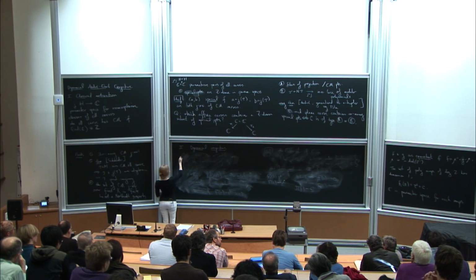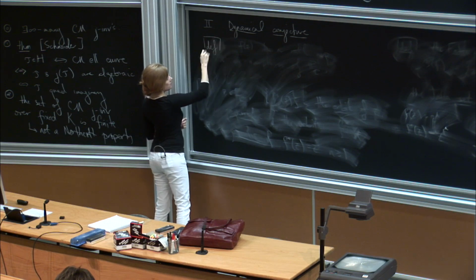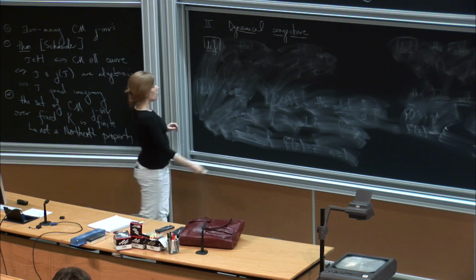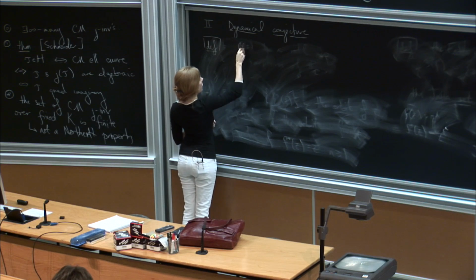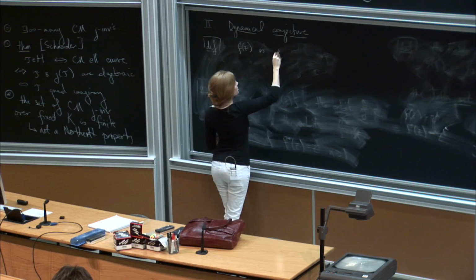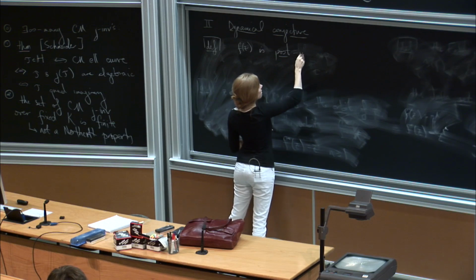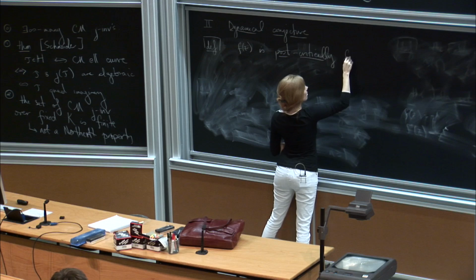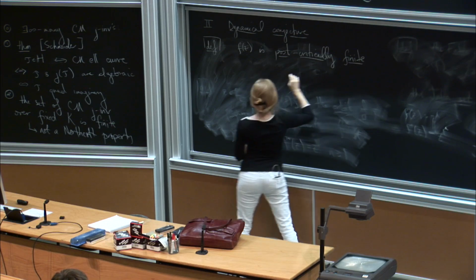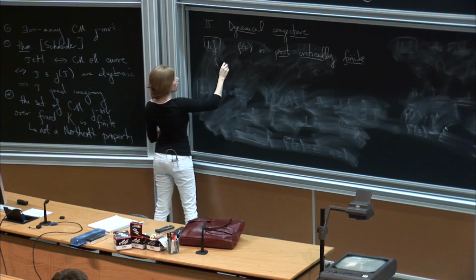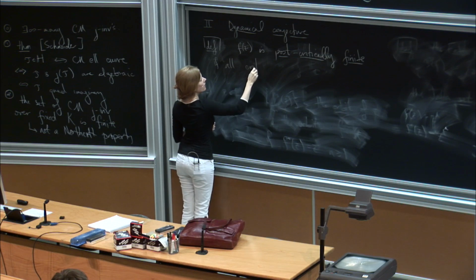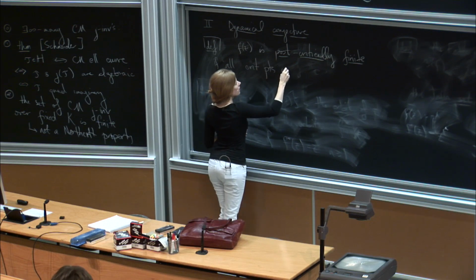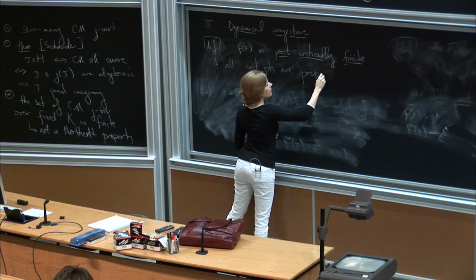So let me make one more definition and then try and convince you that this is a reasonable analog. Okay? So we say that a map f of z is post-critically finite if all critical points of f are pre-periodic.